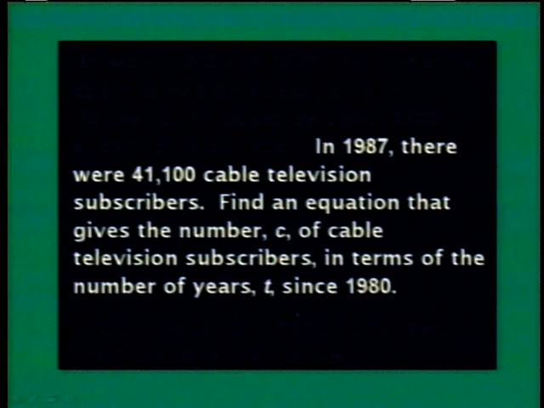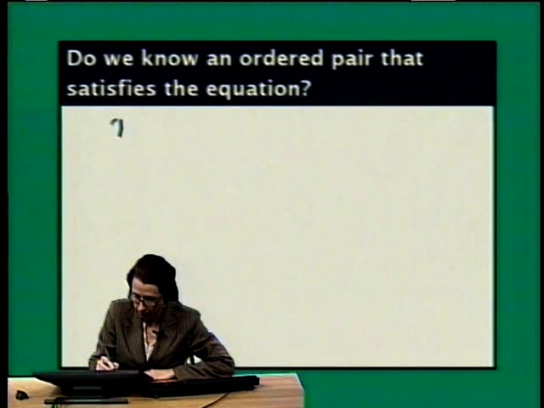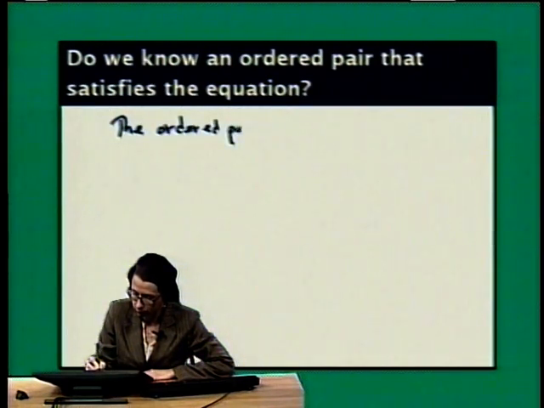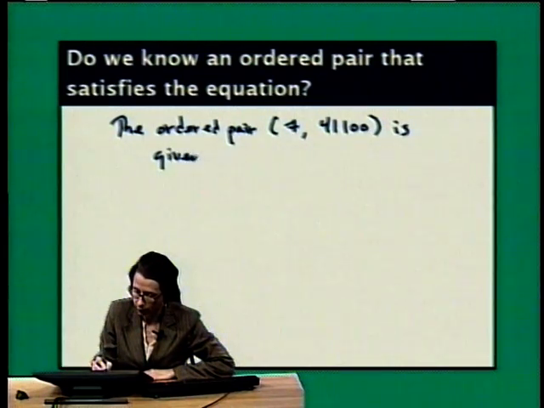So our ordered pairs are going to be of the form (T, C), and T is time since 1980. So yes, we do know an ordered pair. The ordered pair (7, 41,100) is given in the problem.